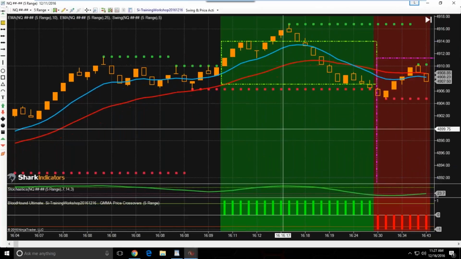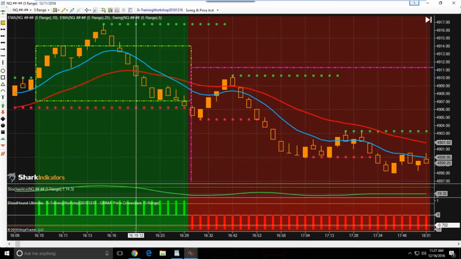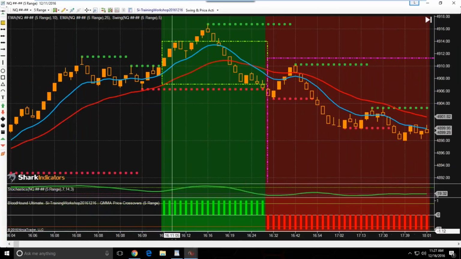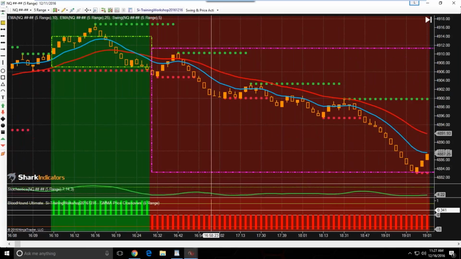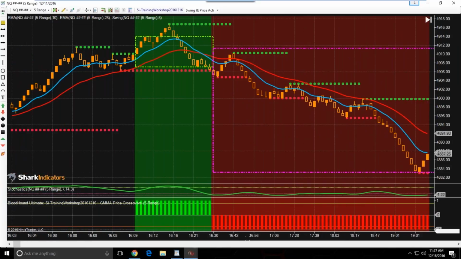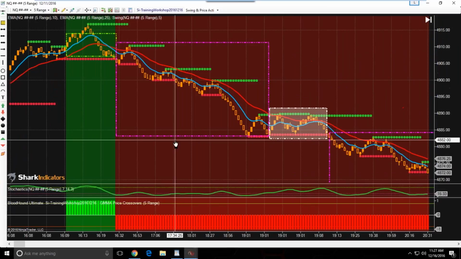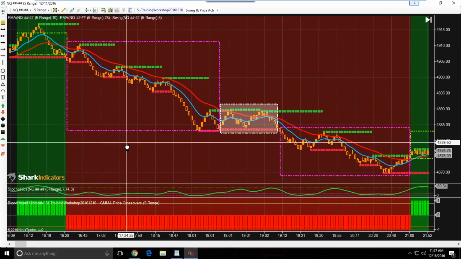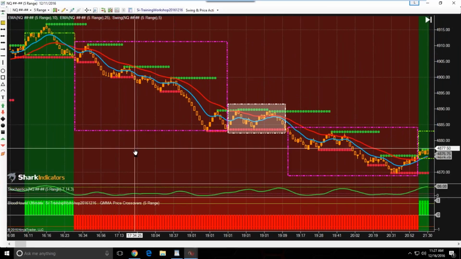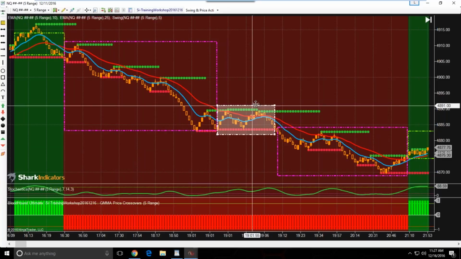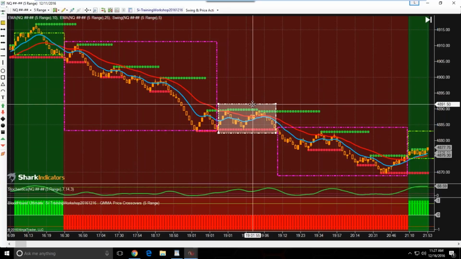So you can see there, see how it fills it in, and it tells us what trend state we're in. And one thing you'll notice about the toggle node is that in our periods of consolidation, the toggle node hasn't been turned off.